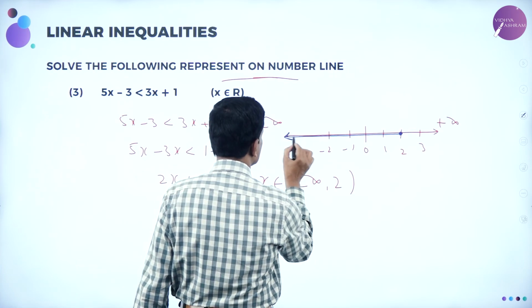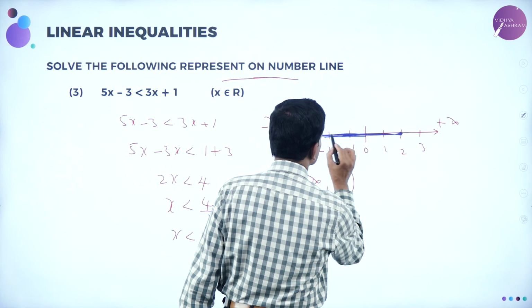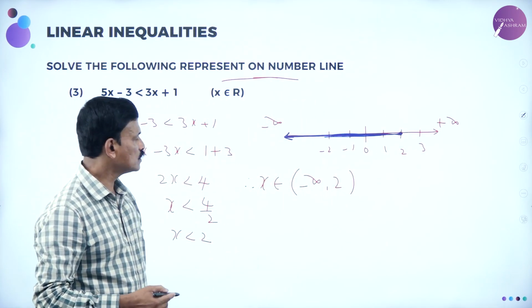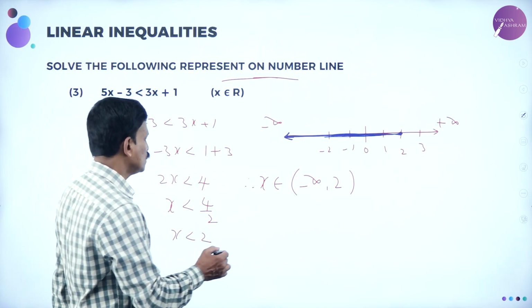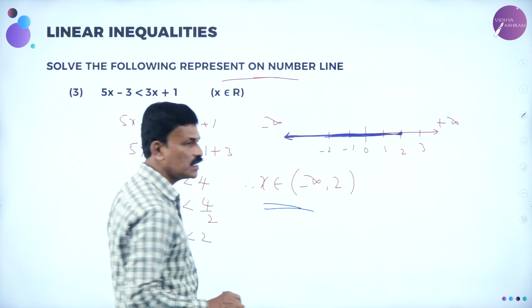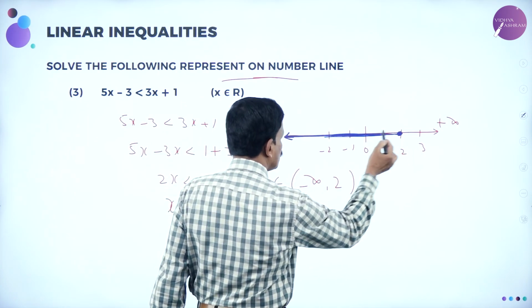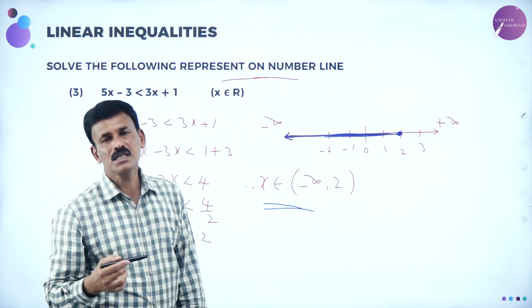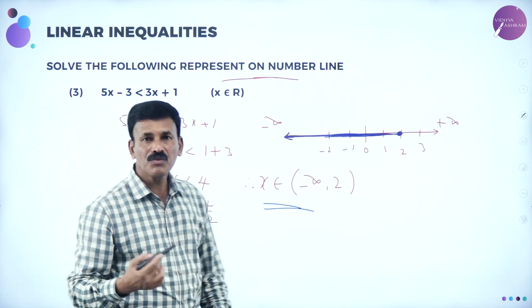So this is the solution set on the line graph. That's it. Okay, less than 2. So this is how we are going to represent it on a number line. So here the solution set is x belongs to (−∞, 2), and on the number line, this is plus 2 and less than plus 2 is up to minus infinity. That's it. Okay. So these are a few types of problems in linear inequalities in one variable.